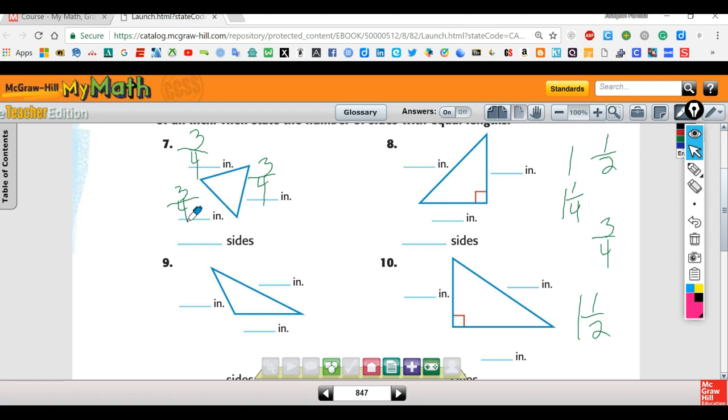How long is the bottom one for number 8? Well, based on what I have, the bottom one is 1 inch, and the one on the right side is 1 inch. But then that long piece is 1.5.